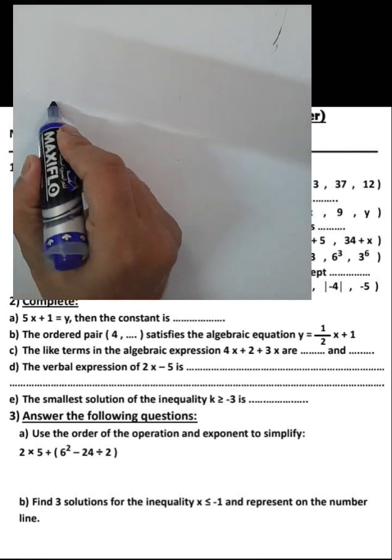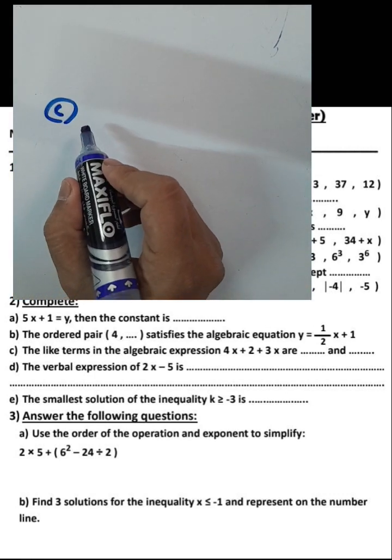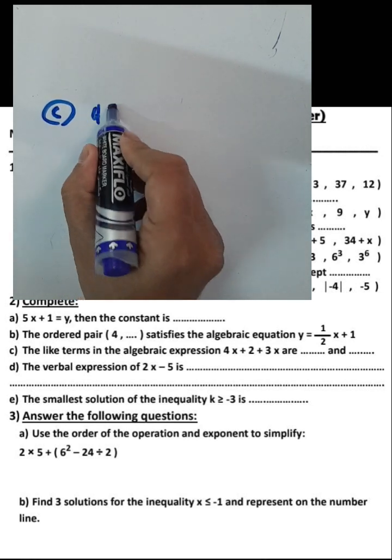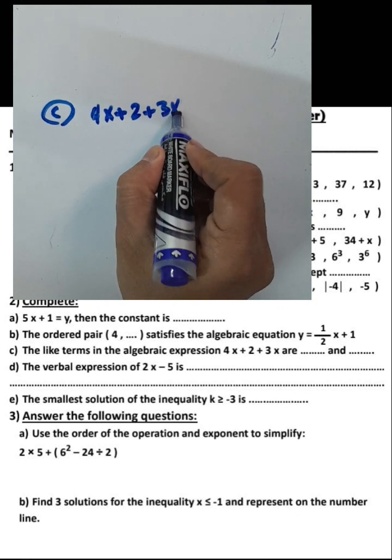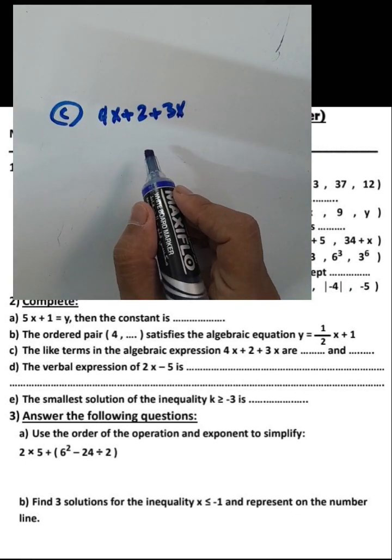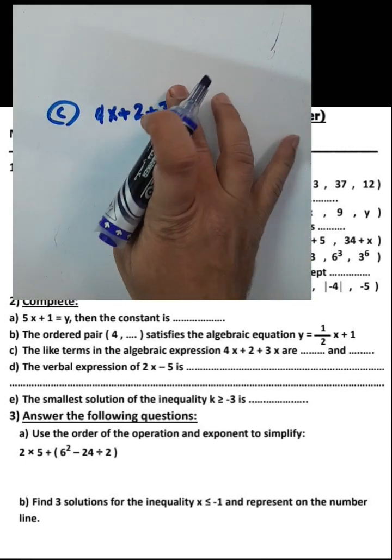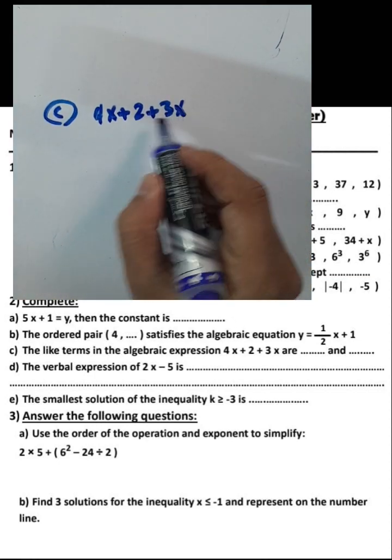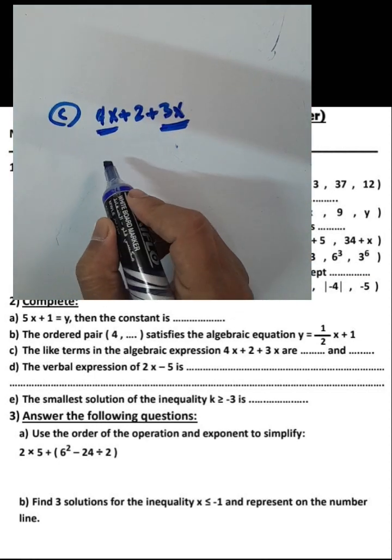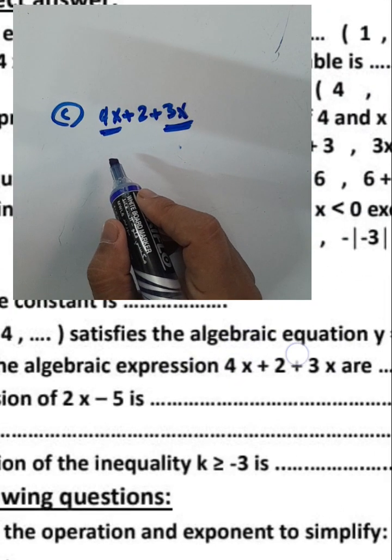Letter C, like terms in the algebraic expression 4x plus 2 plus 3x. Okay, 4x and 3x. We have here 4x and 3x.